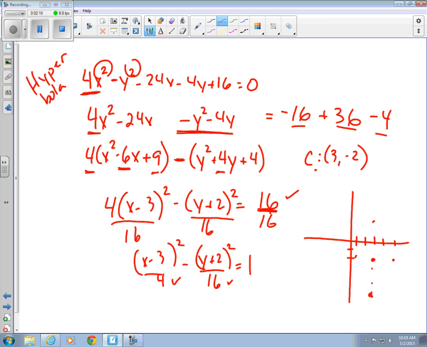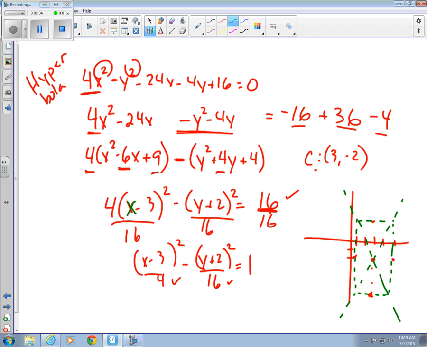Okay, so with an ellipse, I would connect all these dots. With a hyperbola, okay, this is weird. You actually have to make a box. Right here, you make a little box, and then you draw these diagonals of the rectangle, and those are asymptotes. And so now you have to determine which way this goes. Okay, so I'm looking at this.